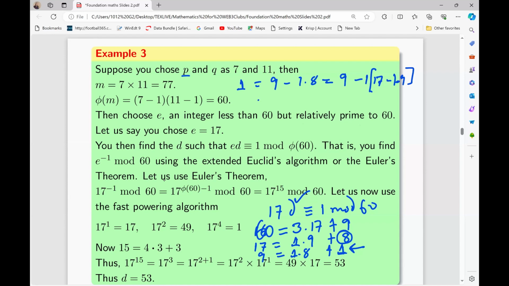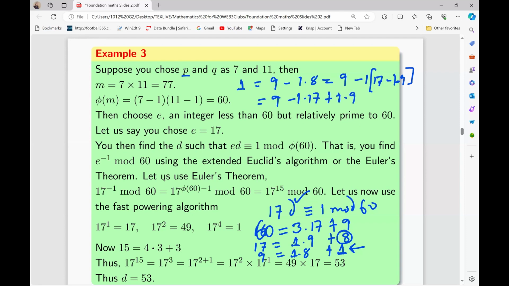What does this give you? This is 9 here, and then open the bracket with this negative 1. You'll have negative 1 multiplied by 17. And then negative times negative will be positive 1 multiplied by 9.